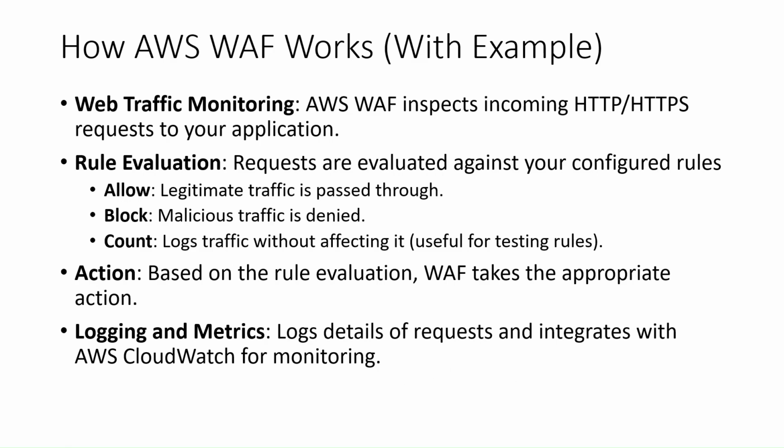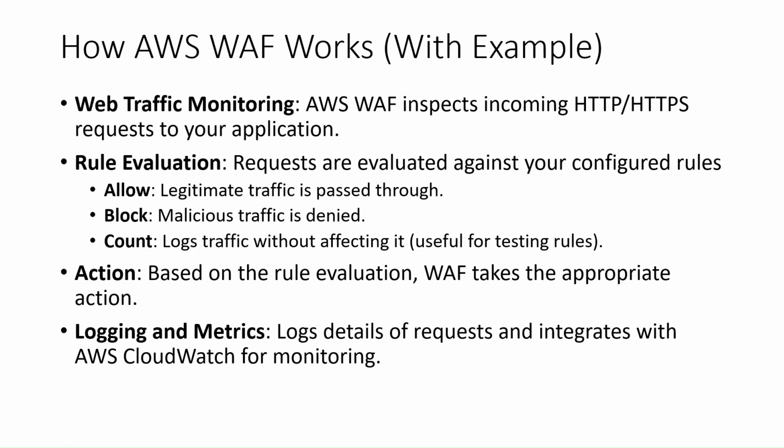If it is block, it will check for the IP range. If we have predefined it, it will check whether the request is coming from that IP, and if it is, it is blocked. And count logs traffic without affecting it. That is useful for testing rules, to see how many times they are visiting and what kind of data they are accessing, all those things.